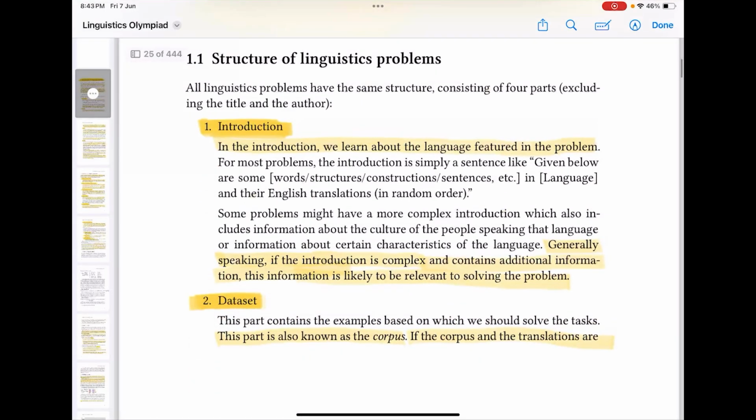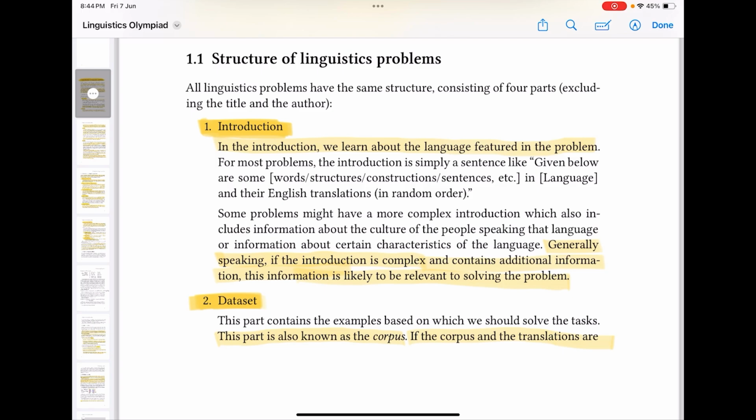Now, what is the structure of linguistic problems? They usually start with an introduction which explains what the language is. As you can see here, written given below are some sentences in language such and such, and their English translations, or they are in random order or whatever. We'll cover them later. Now, this information might or might not be useful considering the problem.